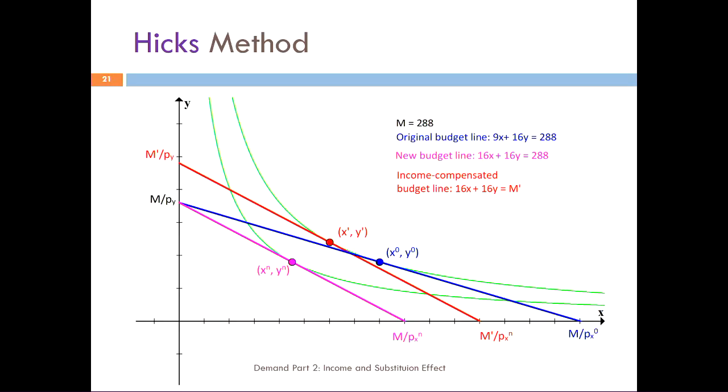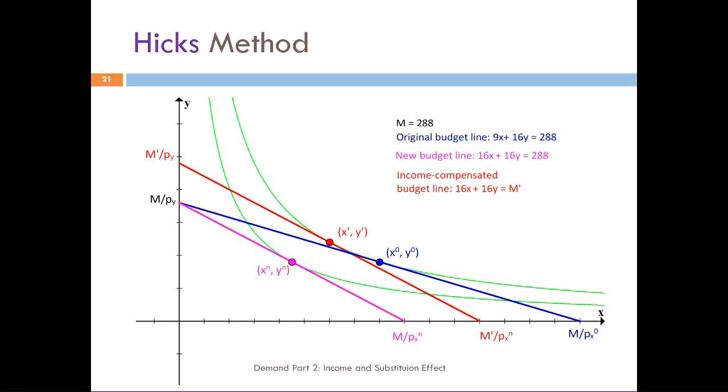So that's what we've done here. You notice the hypothetical red budget line now has the same slope as the new budget line, so that is the same relative prices, but we give them enough income such that when they choose the most preferred affordable bundle on that hypothetical budget line, it will give them the same utility as we originally had. That is, it's on the same indifference curve.